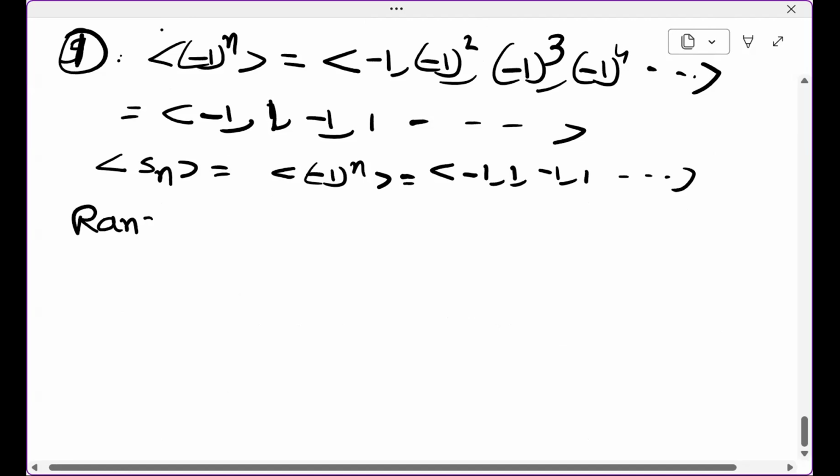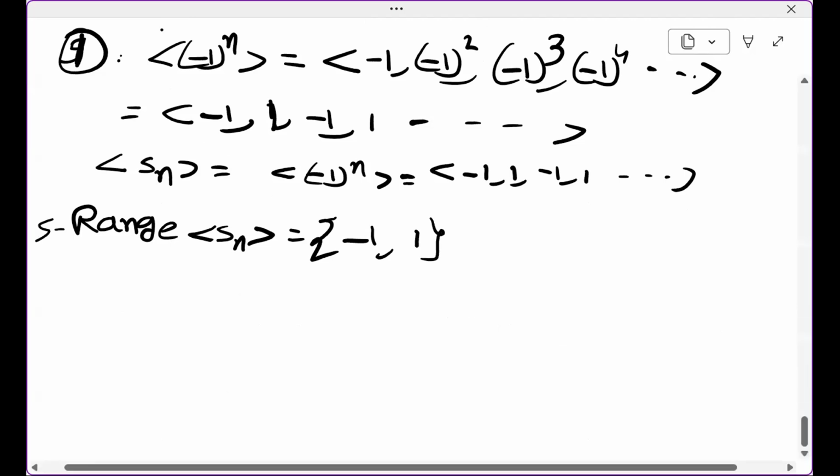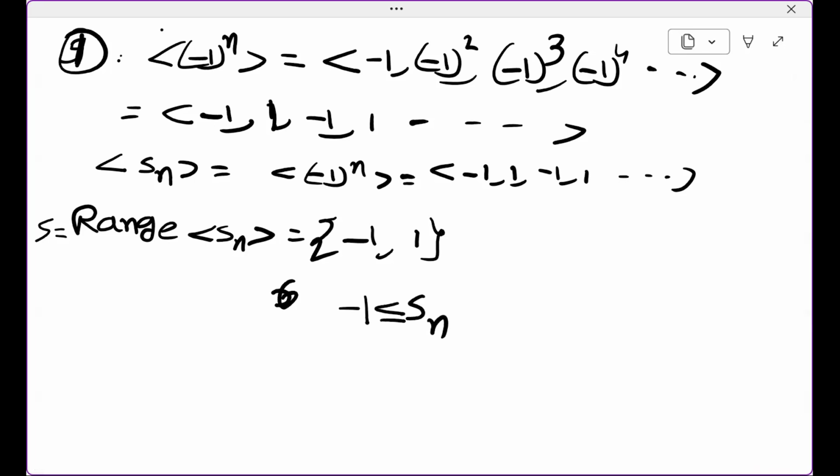The range of this is nothing but the different values. Only two different values it is taking, -1 and 1. This is a set. When is a set bounded? Every member here greater than some constant, that is the lower bound, less than something, upper bound. For this, every member here is greater than or equal to -1. So what is the range of this? I call this some S. Then every member here, S_n, is greater than or equal to -1, less than or equal to 1 for all n.